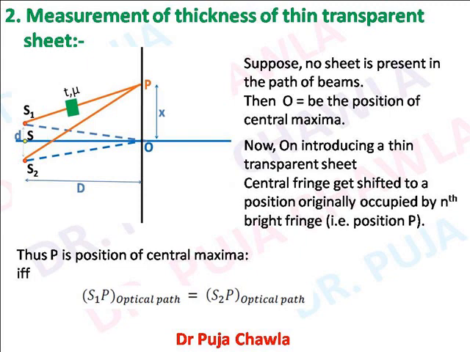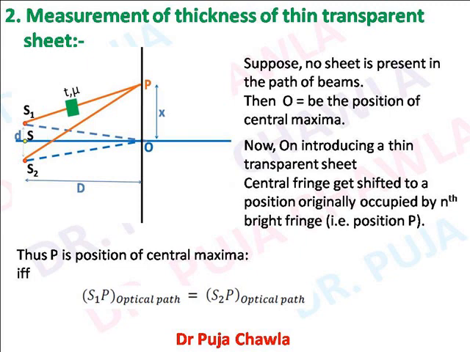The beam will travel as S1P. So the path of the beam is deviated from S1O to S1P. Now the fringe is formed at the point P instead of O. What is the shift in the position of the fringe? That is OP, small x.